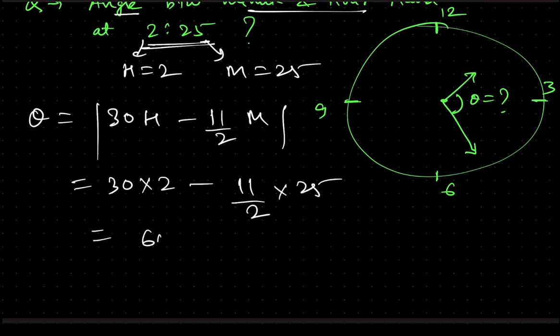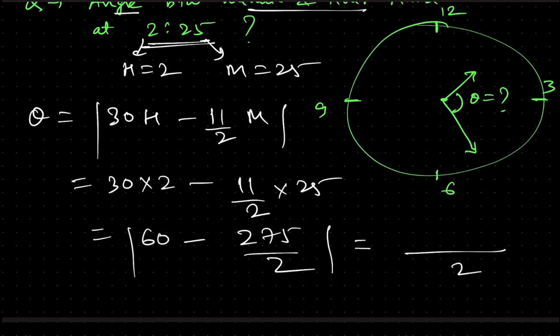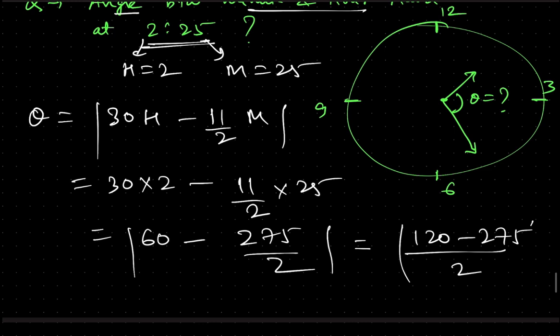So 60 minus 275/2, modulus. So 120 minus 275, modulus, over 2, that is 155/2, or 77.5 degrees, our final answer.